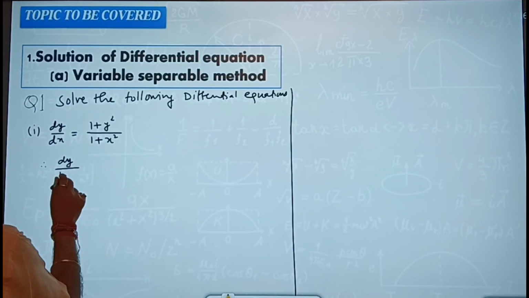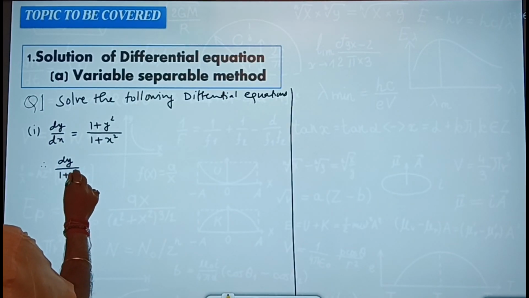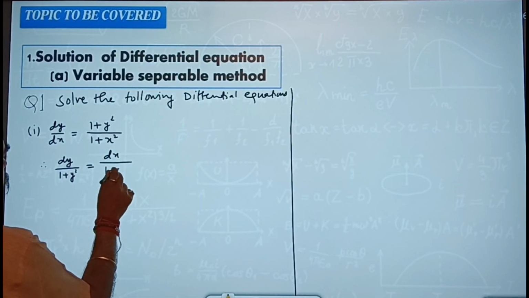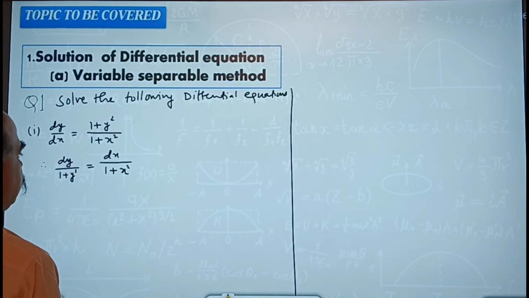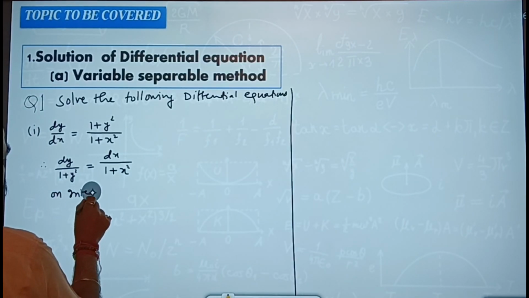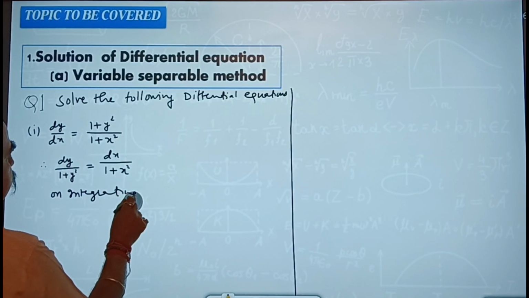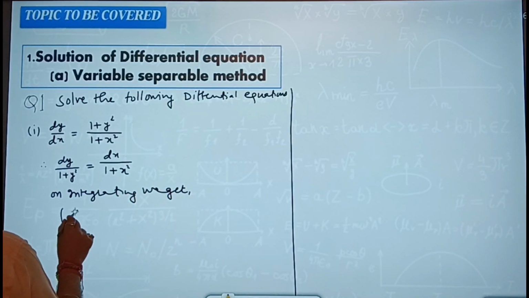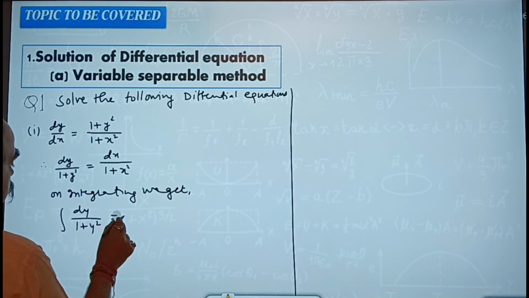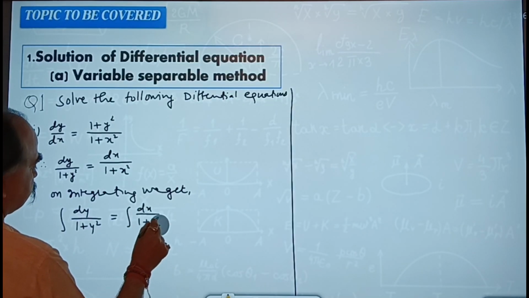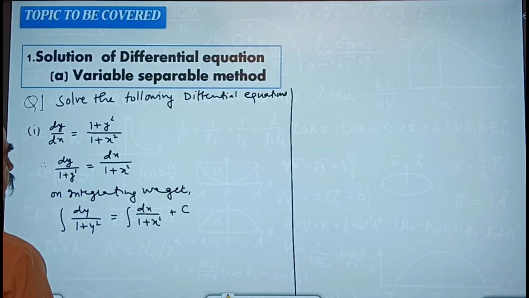So dy divided by 1 plus y square is equal to dx divided by 1 plus x square. So we have separated variables. On integrating, we get integral dy upon 1 plus y square equals integral dx upon 1 plus x square plus constant of integration c.